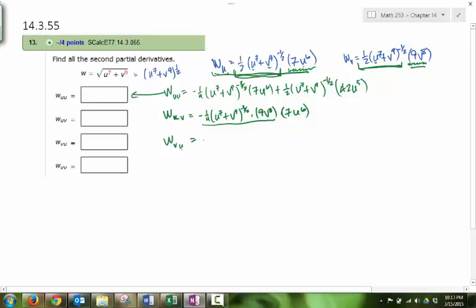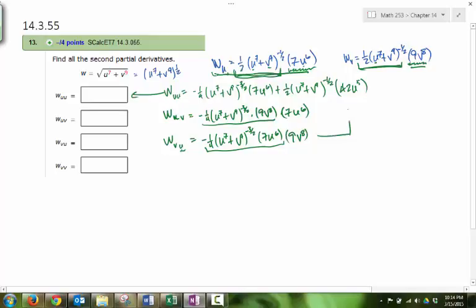And that is going to be negative 1/4 (u to the 7th plus v to the 9th) to the negative 3/2 power times the derivative of the inside with respect to u, so that's 7u to the 6th. And then the other function over here is actually constant with respect to u, so that's just 9v to the 8th.